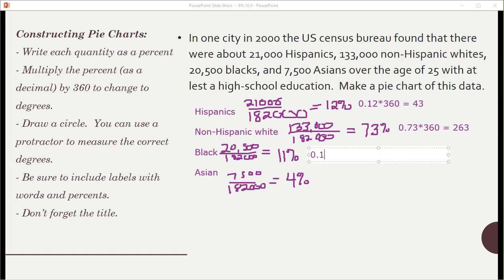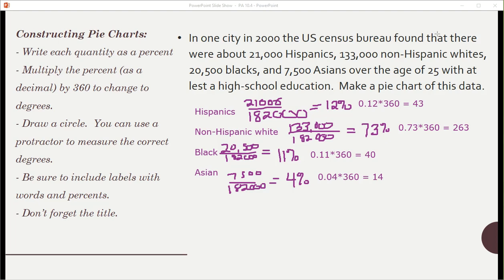For the third one, 0.11 times 360 would give me 40 degrees. And then for the last one, 0.04 times my 360 would give me 14 degrees.